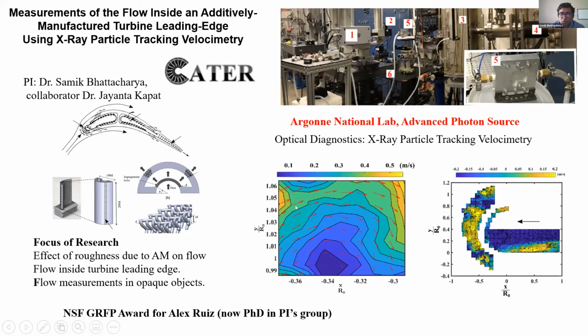And we are able to resolve the flow field inside this piece. We have never seen X-ray particle tracking velocimetry being performed in additive manufacturing, so it is one of the first.